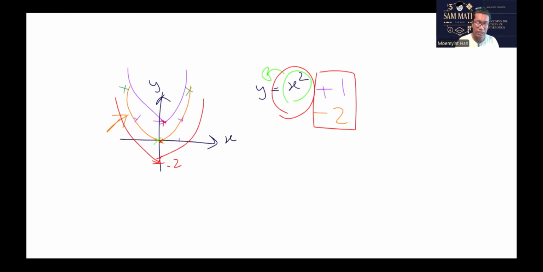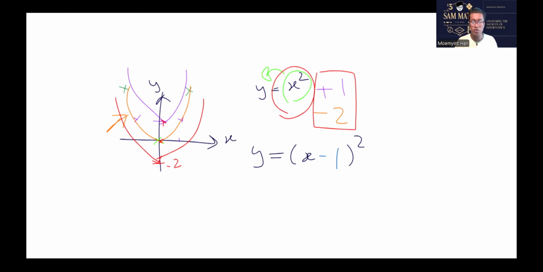So it will look something like, let's say y equals x. And instead of doing it outside along the y-axis, we're going to do it inside. So it means we're doing something along the x-axis. So let's say I want to subtract 1. Subtracting 1 along the x-axis is like making one more move along the y-axis, because when we put this -1 on the other side of the equation, it will become +1.